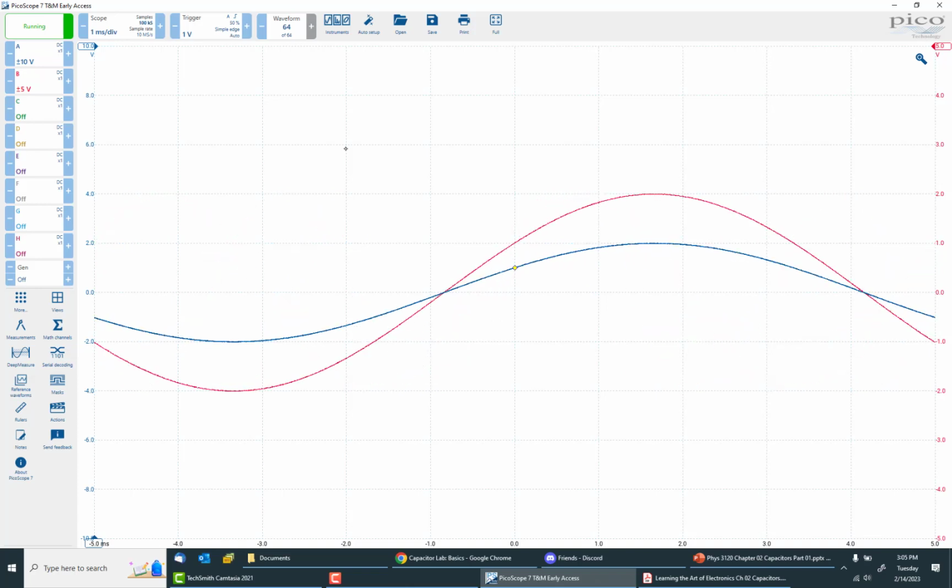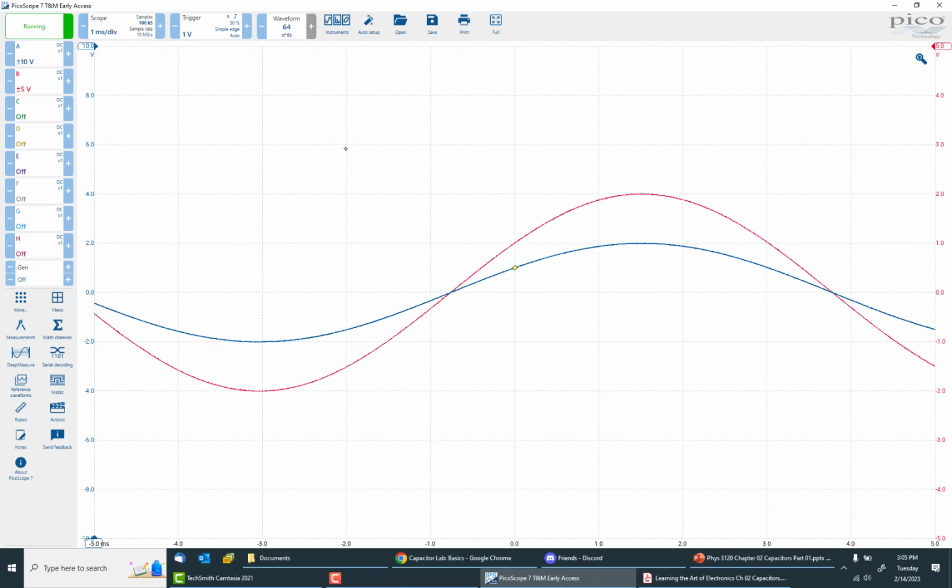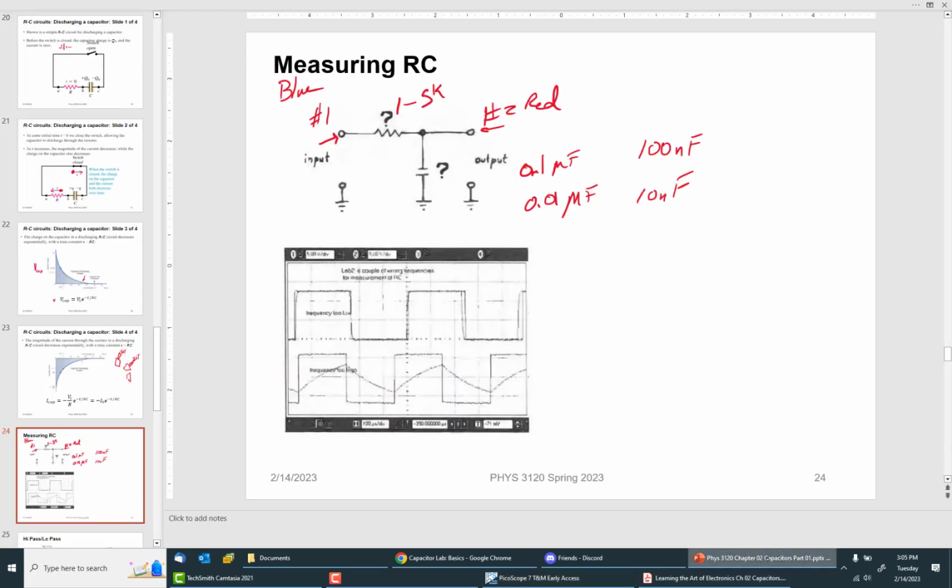Now the red trace has stayed the same, and the resistance of the capacitor is very high compared to the resistor. This is a low pass filter. Now here's how you tell the difference quickly.